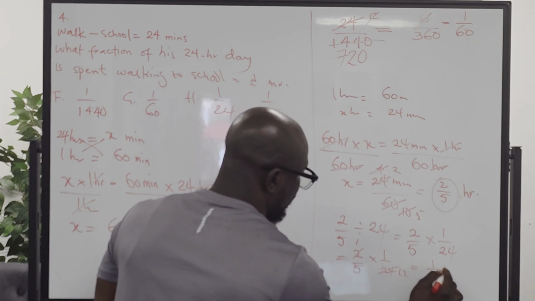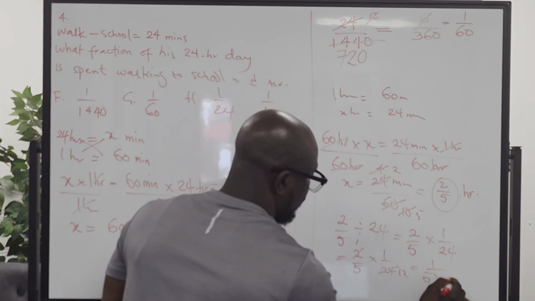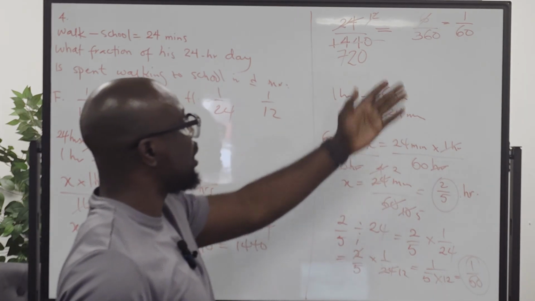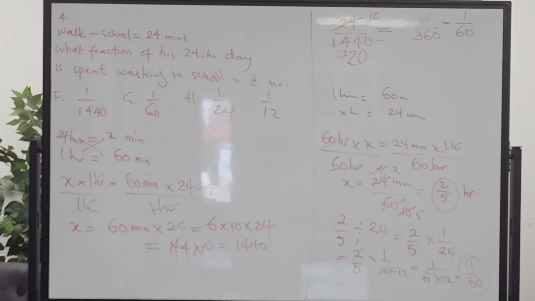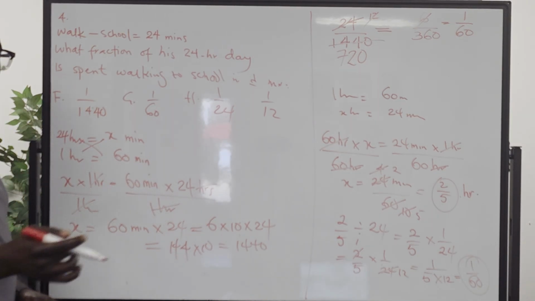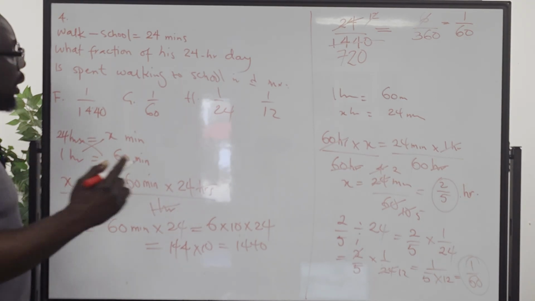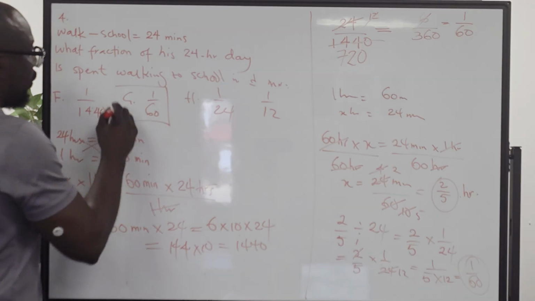And that gives you 1 over 5 times 12. That's 1 over 60. So that gives you the same answer as the first one, just with smaller numbers. So it's always better to work with smaller numbers because you can calculate quickly without using a calculator. So your answer is 1 over 60.